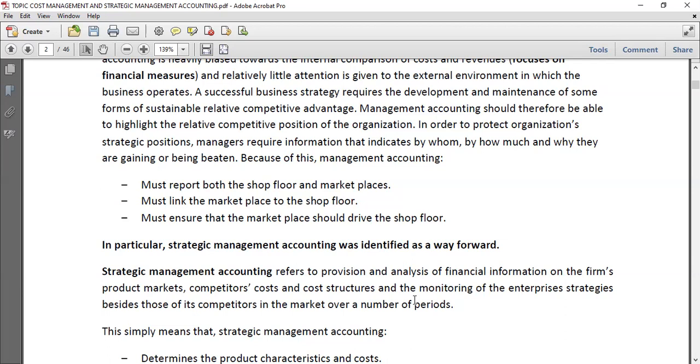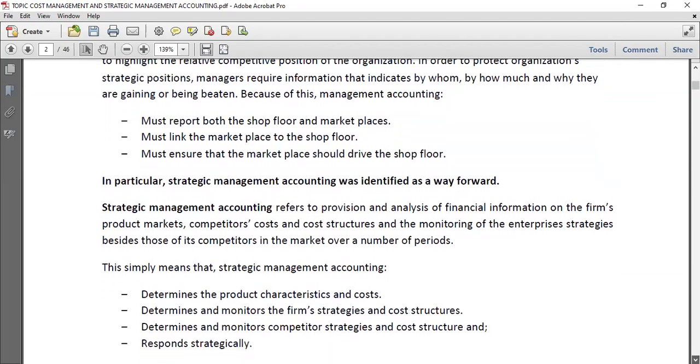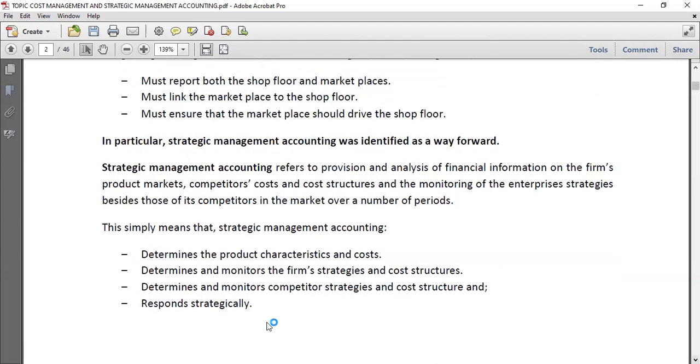So it's very important. And all this comes in, like indicated, because of the limitations of the traditional, okay? So this comes in to change the narrative. So basically, as you can see, strategic management accounting's intention is to determine the product's economics and costs.